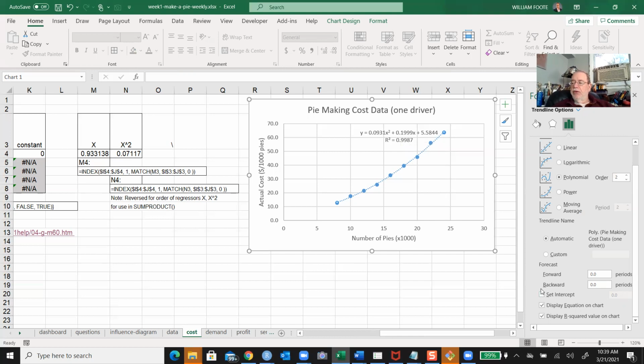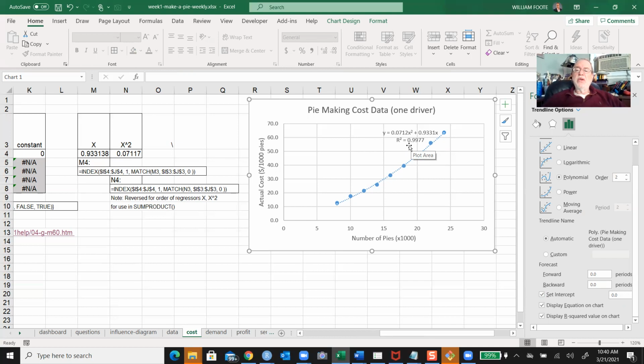Now, I'm going to set the intercept to 0 just to simplify it. And actually, I get an improvement in R squared, which will be my hacked together metric for saying what's the best curve. It's a model selection problem. It's not always that. It sometimes is that. So we'll look at that.